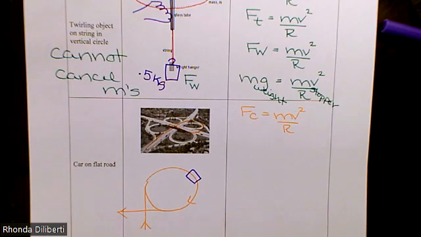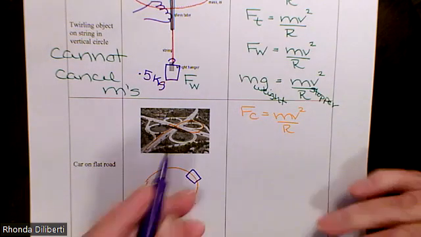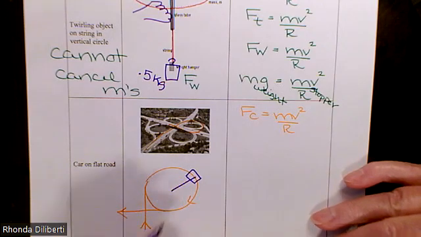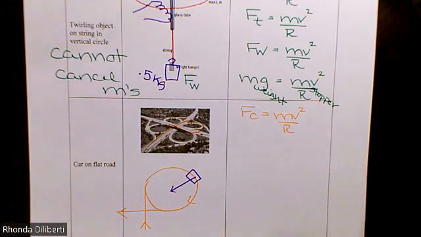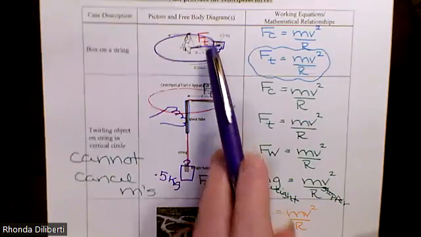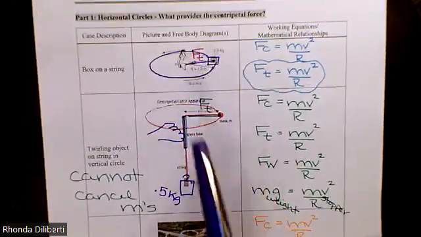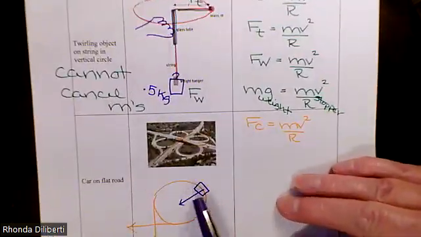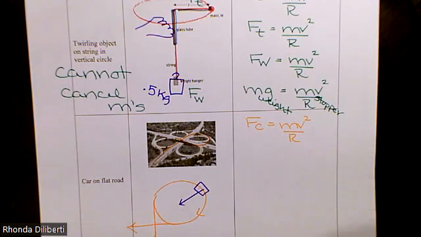And there has to be a force going towards the center. There has to be. But unlike these two examples that were a piece of string that I could see, this force is invisible and I don't really see it.